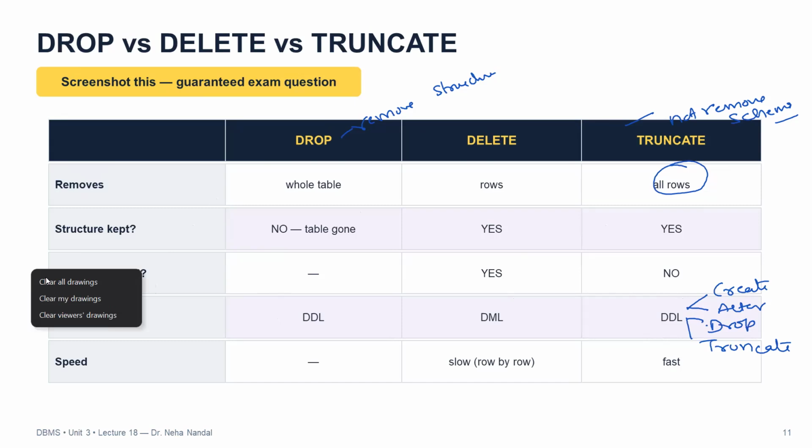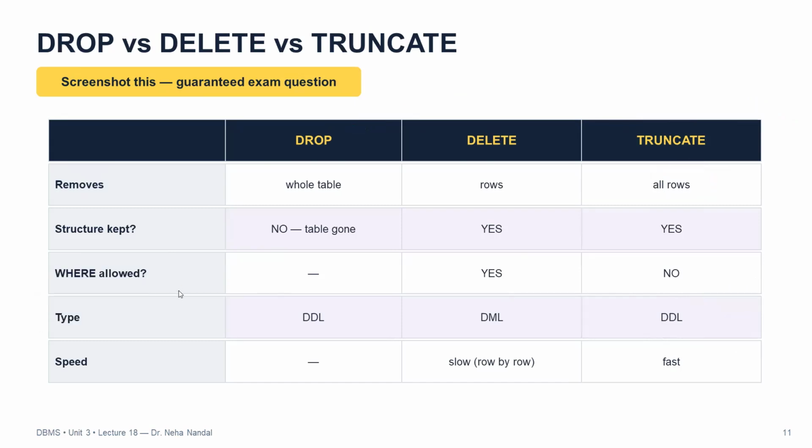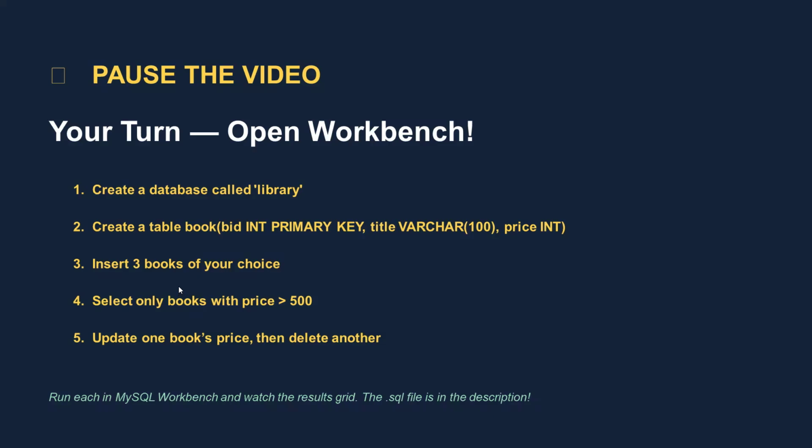Now I want to showcase to you how it works in your MySQL server. And before going to Workbench or MySQL server, this is for you. Okay. You have to create a database called library, that I've shown to you in the previous video, in the installation also, library management.